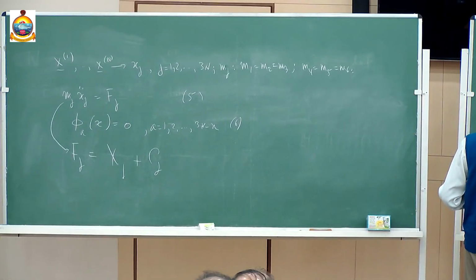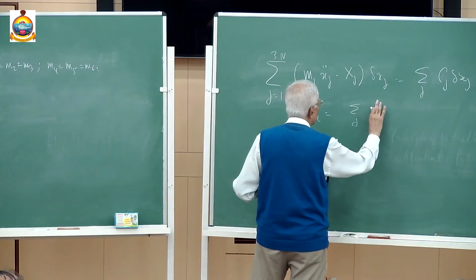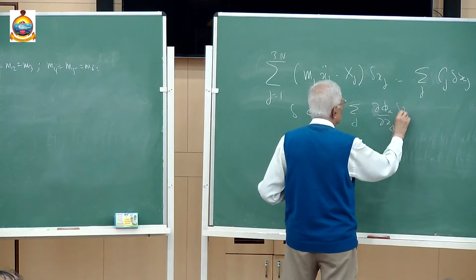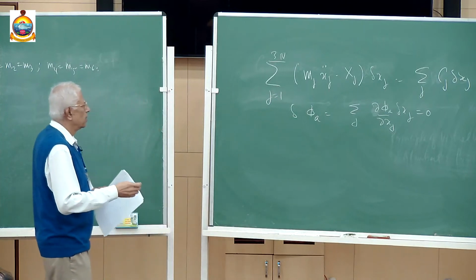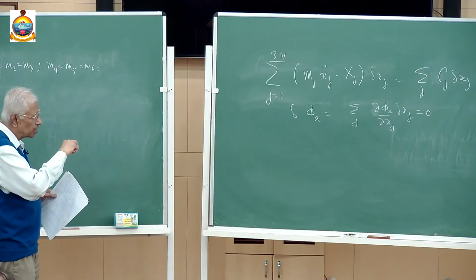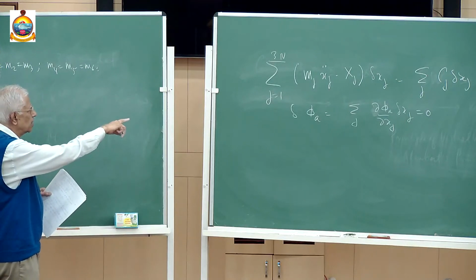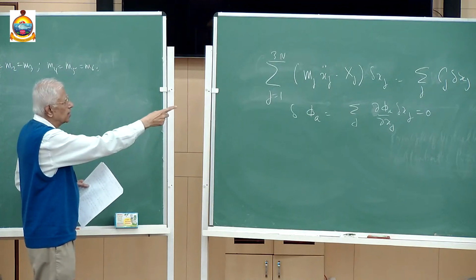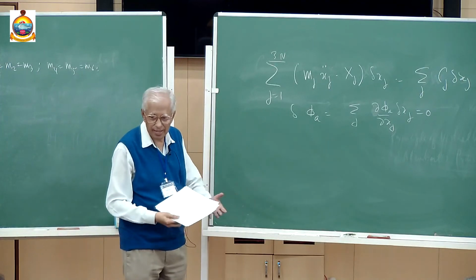So each one of these can be written as functions phi of x, which must remain 0 at every instant of time. So in an infinitesimal motion, the change in every phi should be 0. It starts at 0 and ends at 0. So the delta x's are not independent. That's a constraint statement.